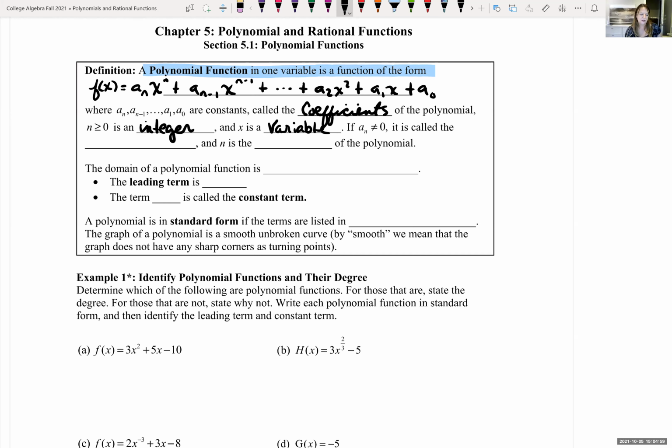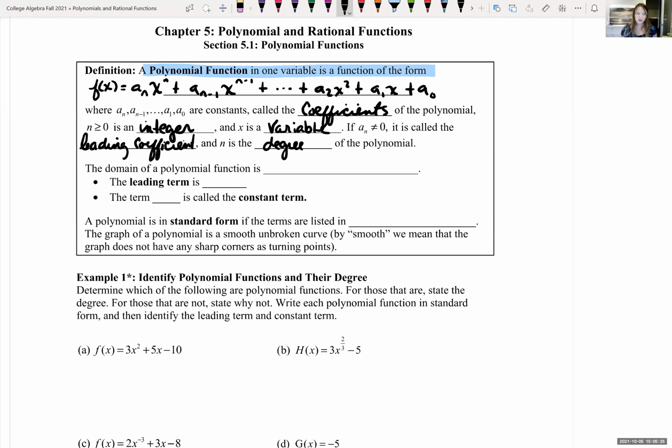Okay. So if a sub n isn't 0, it is called the leading coefficient. And n is the degree of our polynomial.